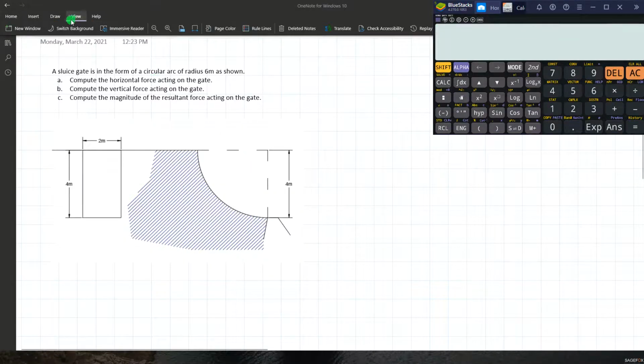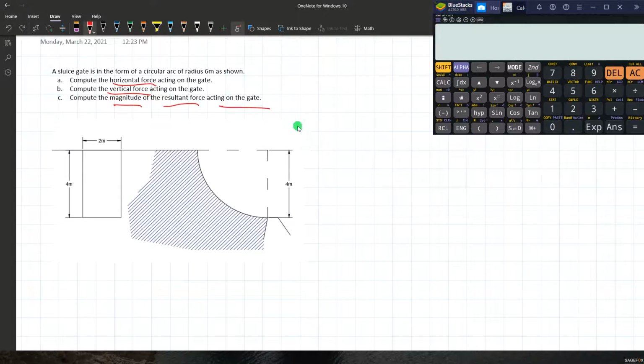A sluice gate is in the form of a circular arc of radius 6 meters as shown. Let's compute the horizontal force, vertical force, and the magnitude of the resultant force acting on the gate. So letter A first, the horizontal force. We already have the cross section on the side elevation of this curved gate right here.